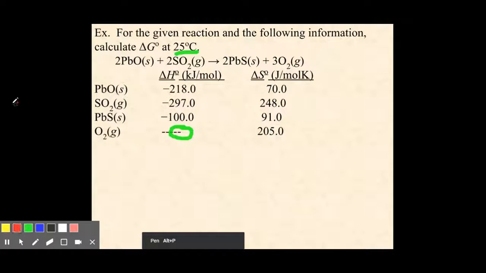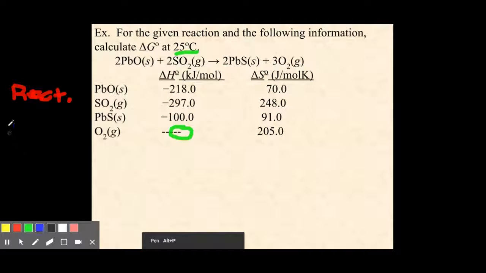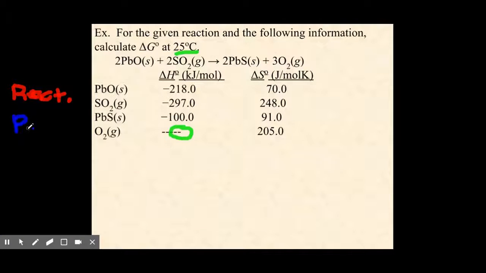Well, that's because oxygen is an element, or considered an actual elemental molecule. So that one will be 0. We'll just write a 0 right there. Let's separate the reactants and then our products here.